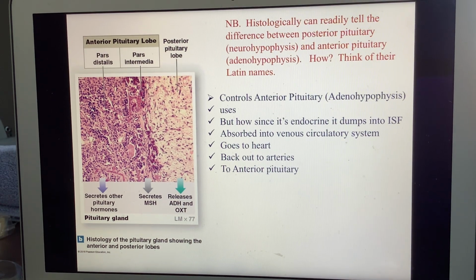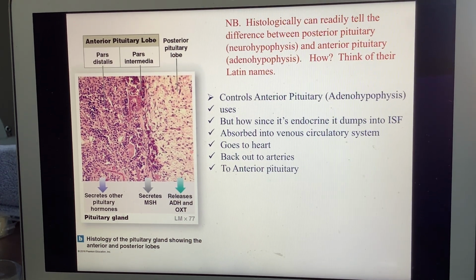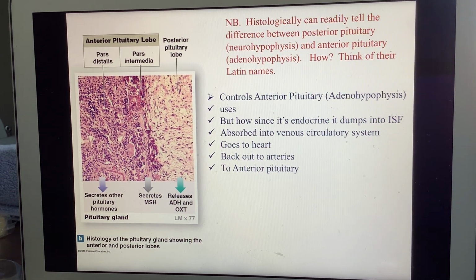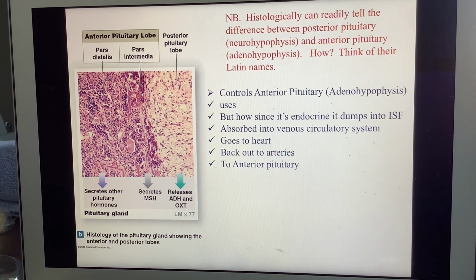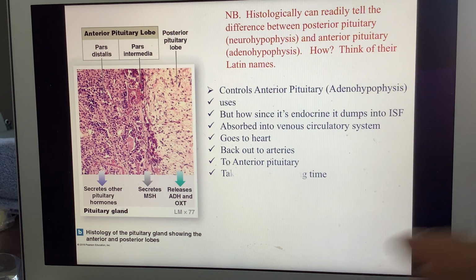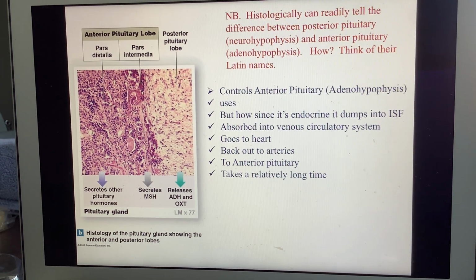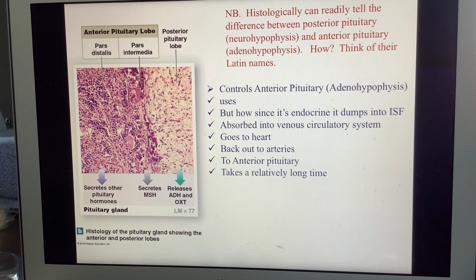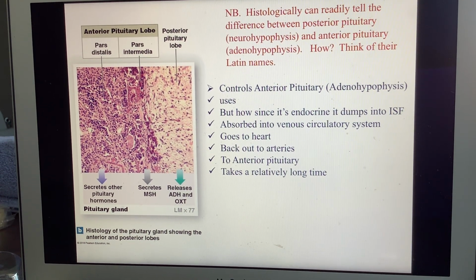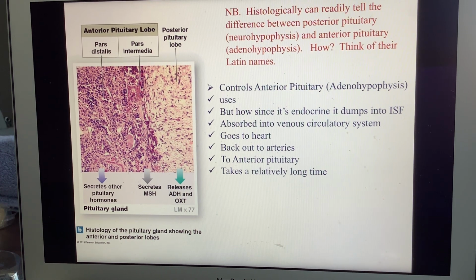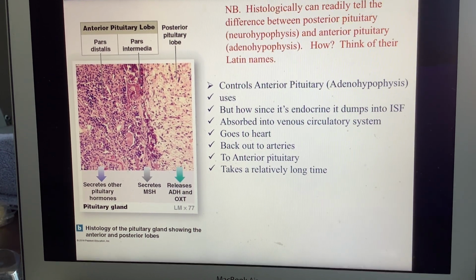It's going to come out of the lungs, and then it's going to go back out to the systemic circulation, and then to the anterior pituitary. So looking at that, that's going to take a relatively long time. And in taking that long time, you also are going to have the chance that you're going to degrade some of those hormones. They're going to be destroyed somehow.